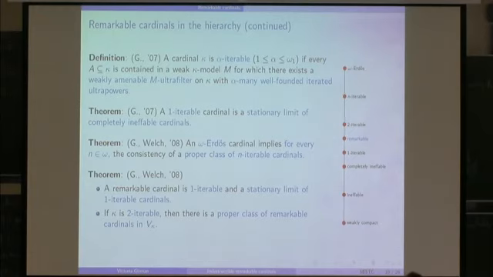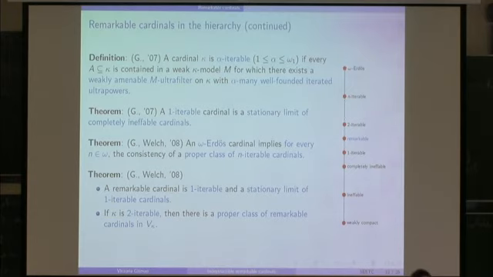Okay, so me and Philip Welch, who I'm happy is here, worked out the properties of this hierarchy. And one of the things that we showed is where remarkable cardinals sit in this hierarchy. So they actually sit nicely in this hierarchy. And so remember, Ralph showed that they're weaker than an omega Erdos.